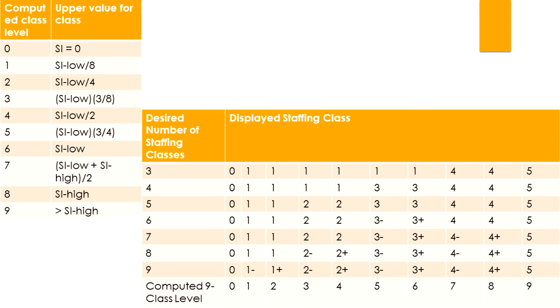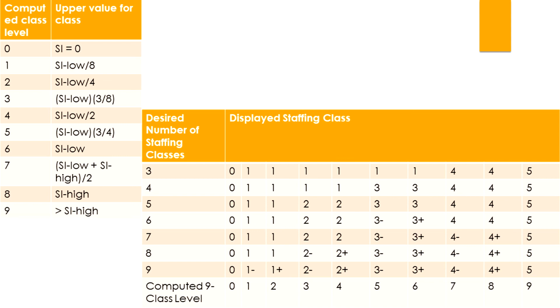And to condense that down, we also tell it how many staffing classes we want. So we say we want 5. It takes these groups and combines them into different categories, such that 5 is always above your highest percentile, but 4, in this case, for 5 staffing classes, is a combination of this computed class 8 and 7.